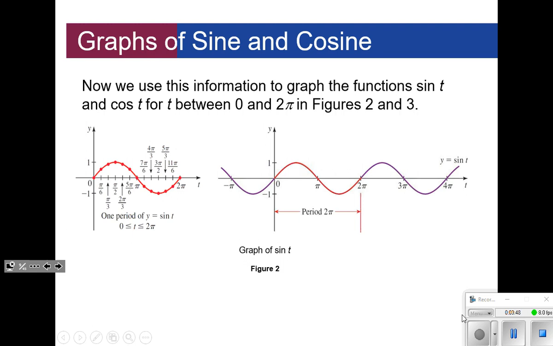So this picture is the graph of sine. The one here on the left gives you the individual values. It looks a little strange, but this red one with the little dots on it is literally mapping all of the values. Keep in mind, this is a little different than our XY graphs.